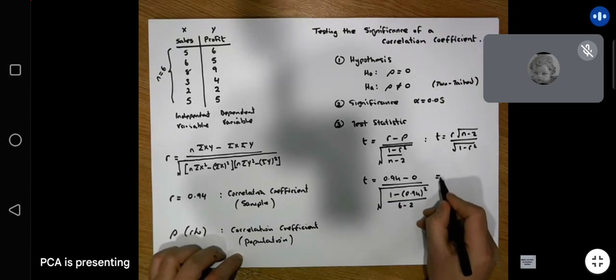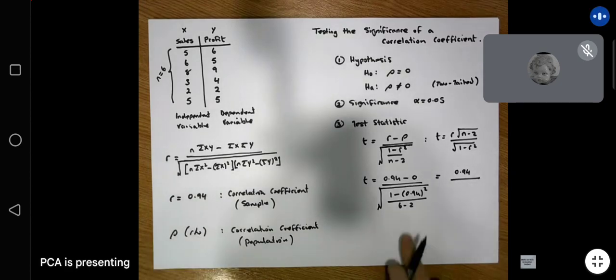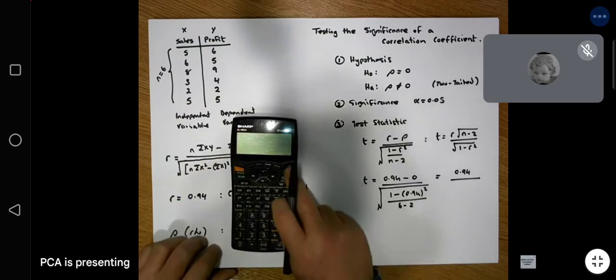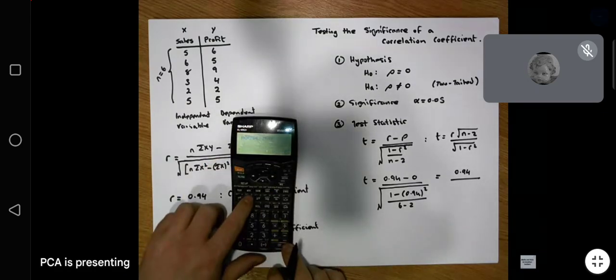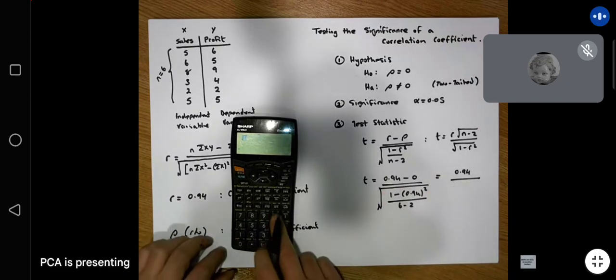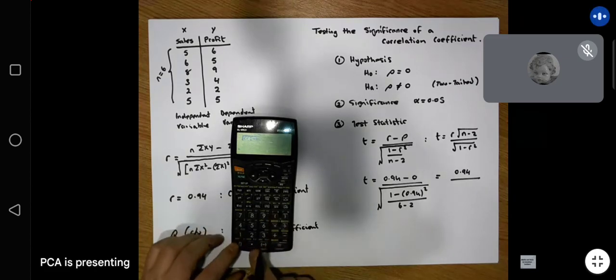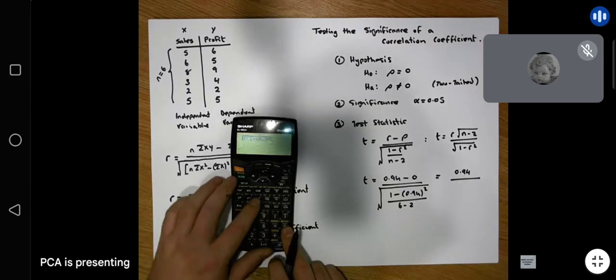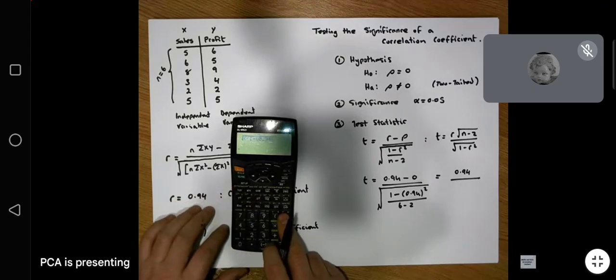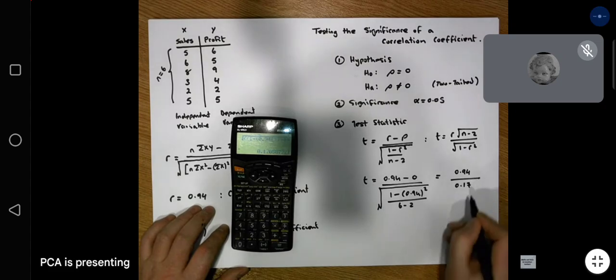Okay, so this gives us 0.94 divided by... I'm just going to grab the calculator and do this calculation here. It's the square root, and I'm going to put what's inside the square root in brackets: the square root of 1 minus 0.94 squared, and that needs to be divided by 4, which gives us a value of 0.17 approximately.